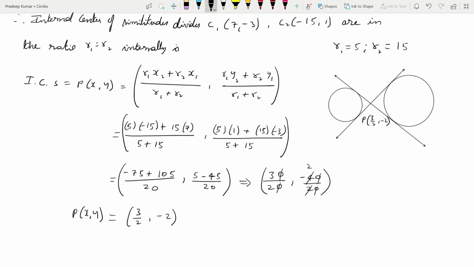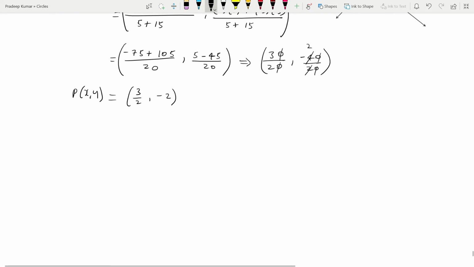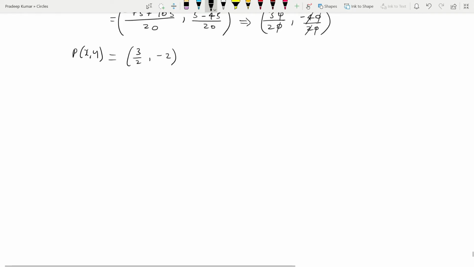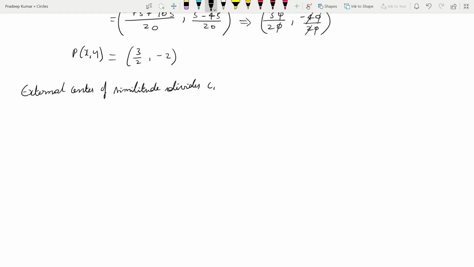So now we'll find out the external center of similitude. For that I can write here: the external center of similitude divides C1 C2 in the ratio R1 is to R2 externally.